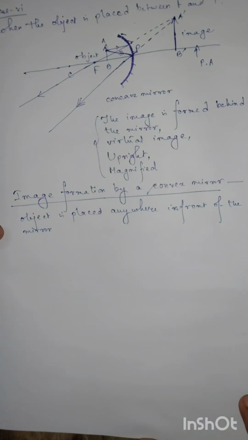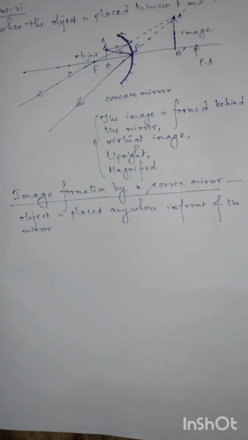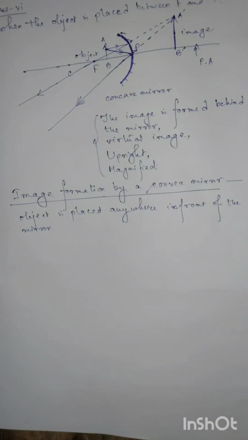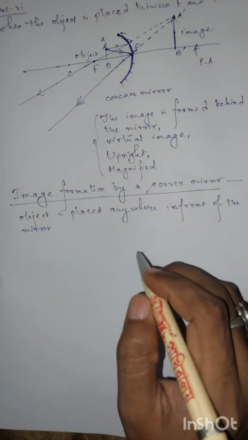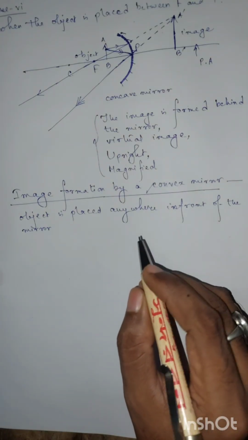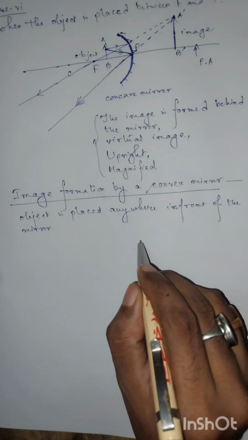The object is placed anywhere in front of the mirror. So let us draw the ray diagram.